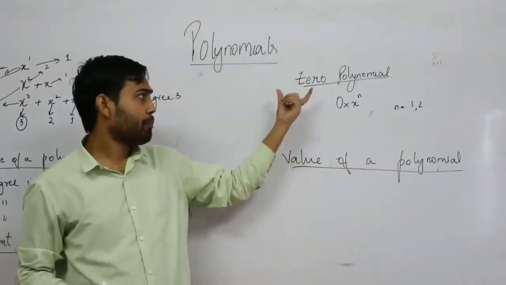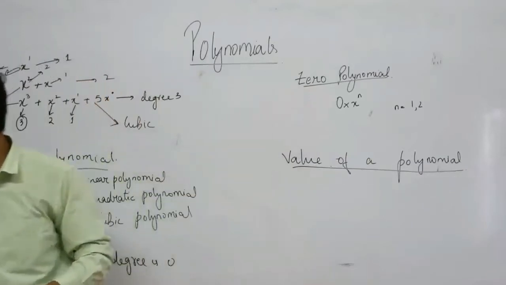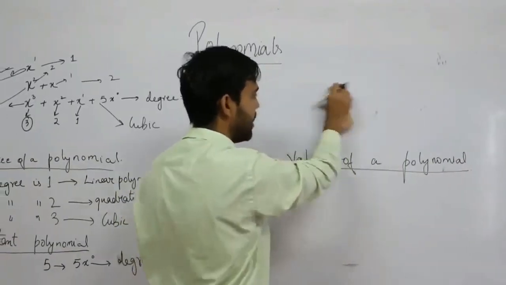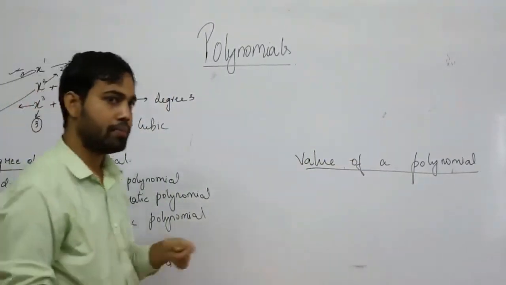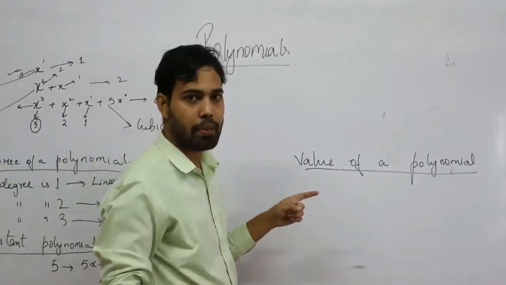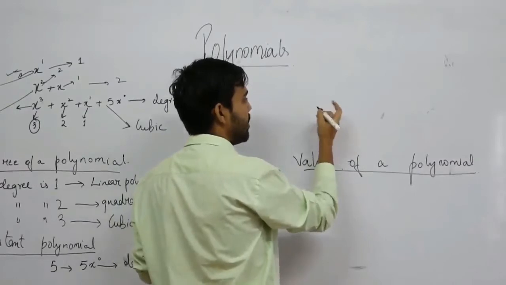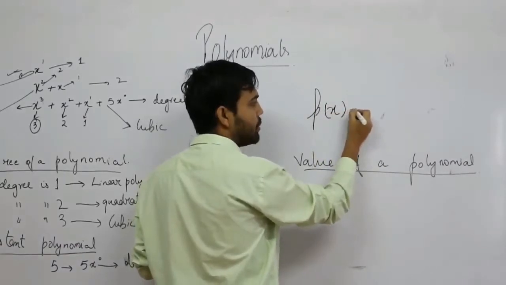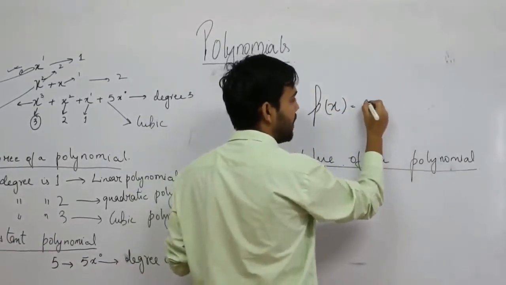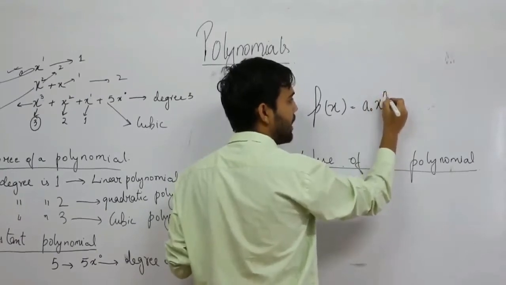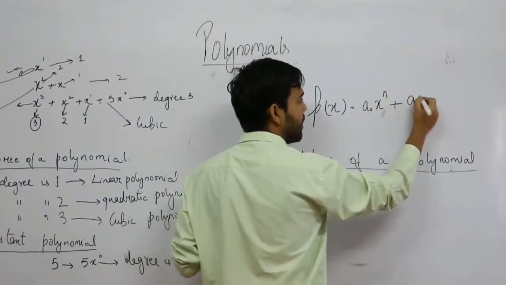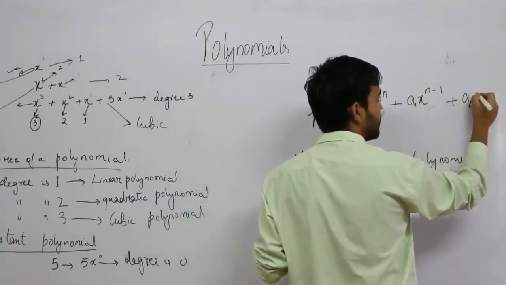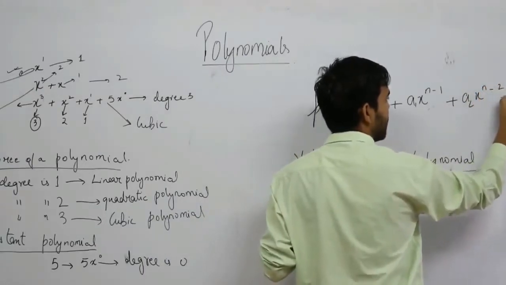Now, having learned about all these polynomials, let us learn how we represent a polynomial. Suppose I have a polynomial with a variable x. I represent it in this way: p of x is equal to a0 x to the power n plus a1 x to the power n minus 1 plus a2 x to the power n minus 2, and so on.